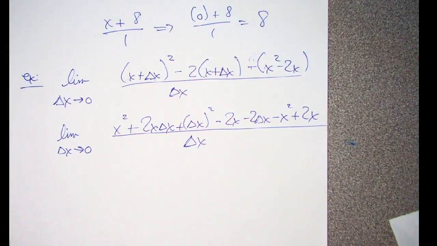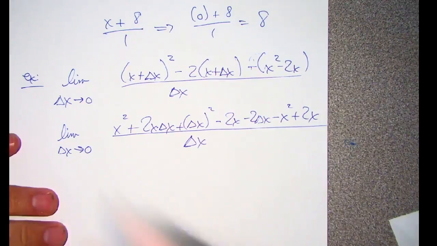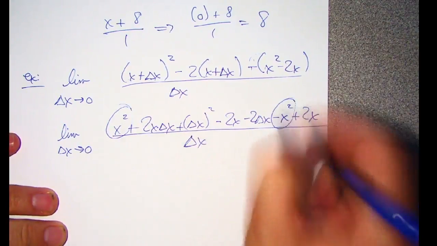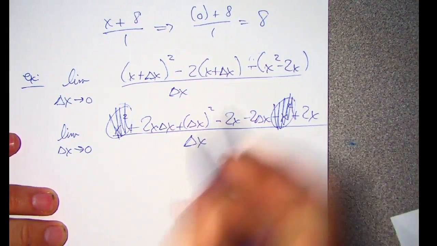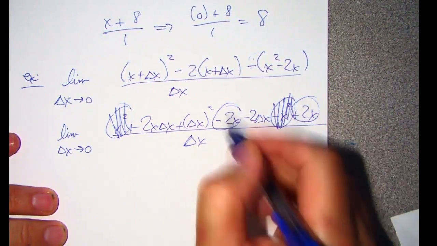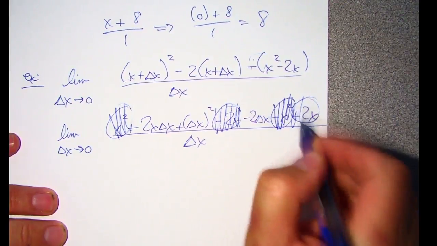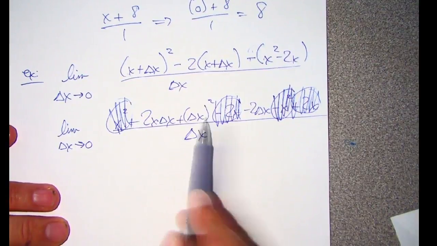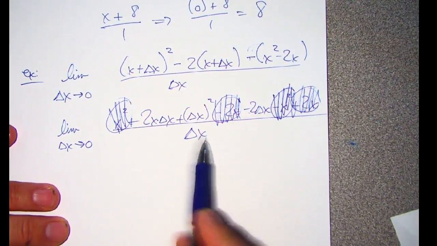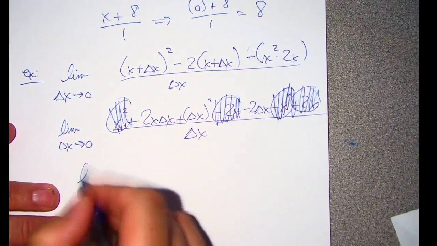So first I'm going to look and see common terms. So I've got an x squared there, a negative x squared there. Go away. We've got a negative 2x here and a positive 2x there. Go away. Now I've got 1, 2, 3, 4 terms, and they all have a delta x in them.